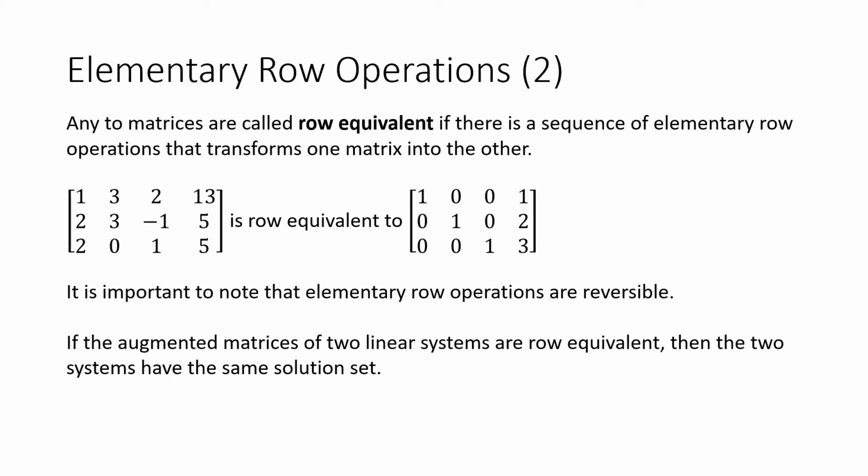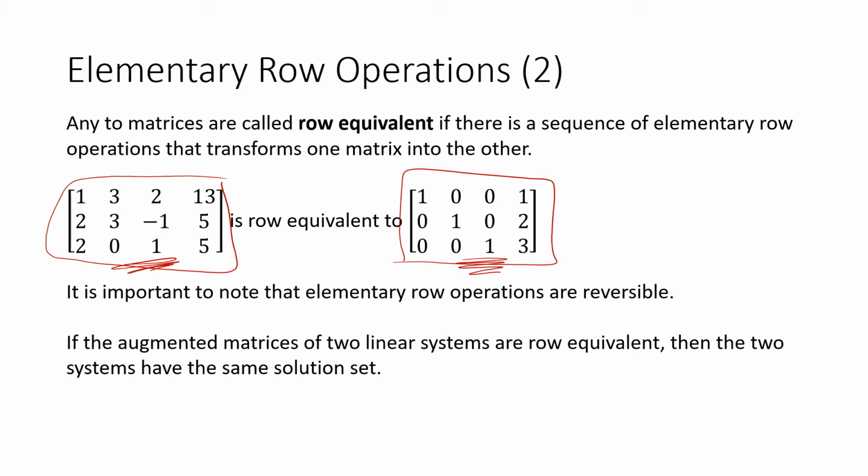So for instance, this matrix is row equivalent to this matrix. And if you go back to the previous example, you'll see that this is the matrix we started with in that previous example. We did a whole bunch of eliminations. We got down to that matrix.